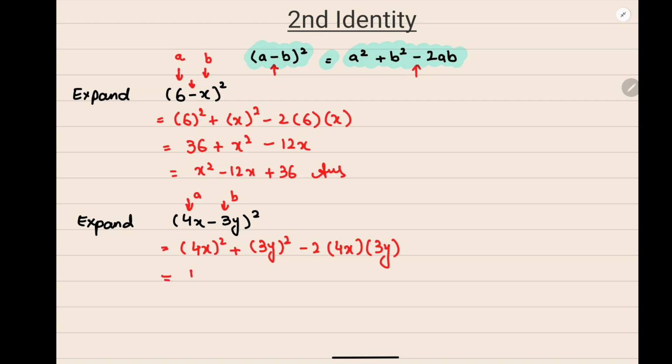Now it would be 16x squared plus 9y squared. 2 4s are 8 and 8 3s are 24, so it would be negative 24xy. So it would be 16x squared minus 24xy plus 9y squared. This would be my answer.